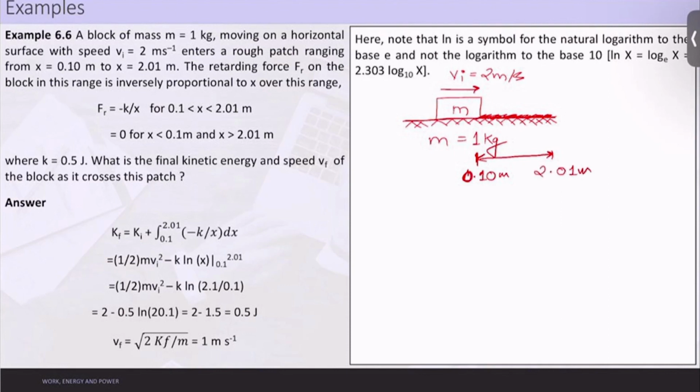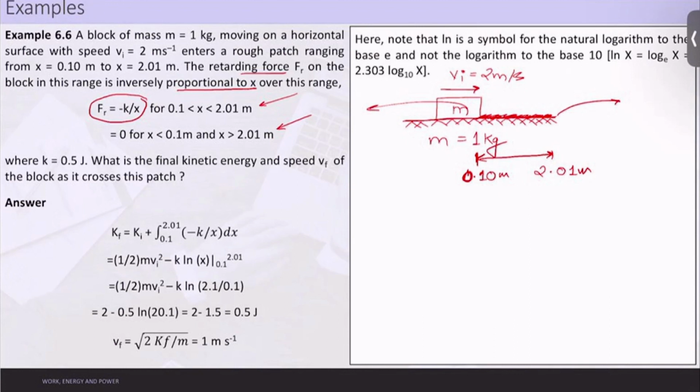What is the retarding force? The retarding force on the block in this range is inversely proportional to x. So for x lying between 0.1 and 2.01, the force is minus k by x, and there is no force acting on either side. I hope the question is clear to you.